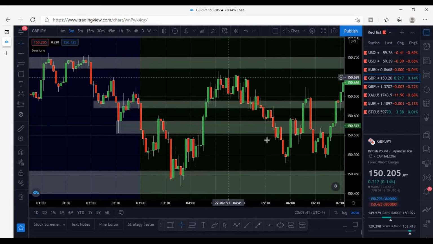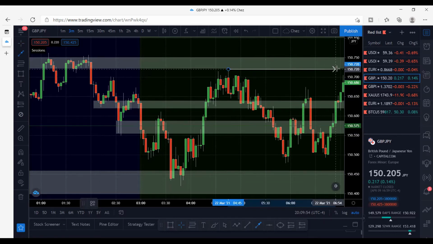Okay. So, just put this arrow right here. No, we don't need to put that. You know what the breaker structure is. So let's just put this right here. We're looking to see if it breaks right here.